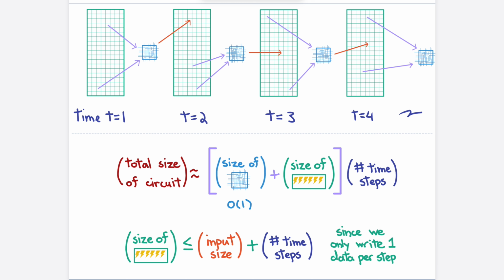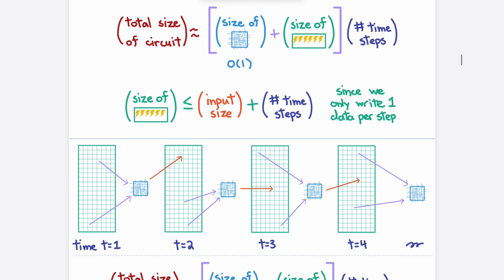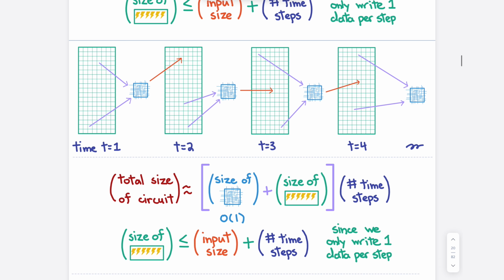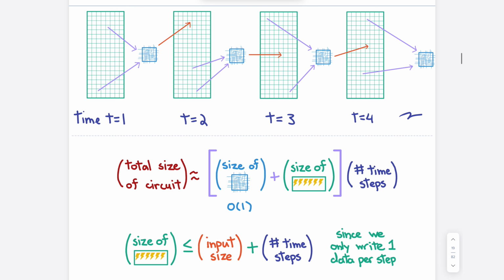All right, so now if I start putting all these things together, the size of the circuit is a constant plus this. This is like input size plus time, and this is all multiplied by time. And suppose I told you it's a polynomial time algorithm that we're looking at in particular.